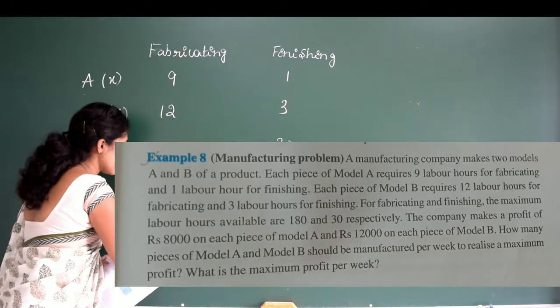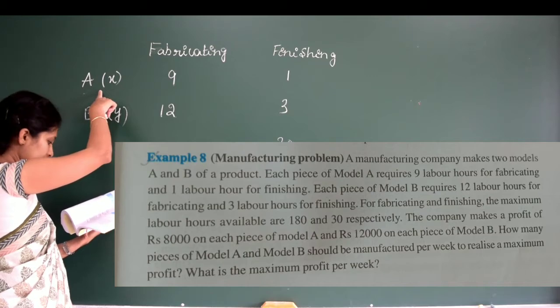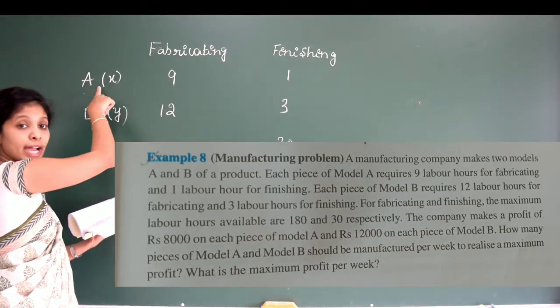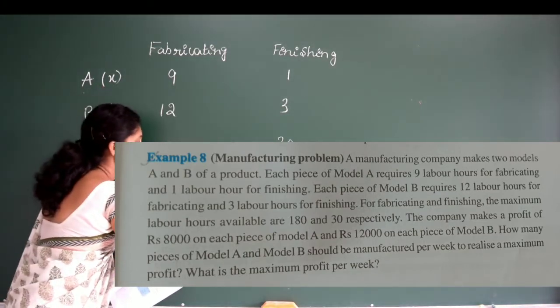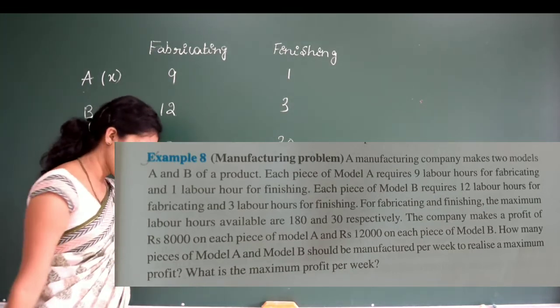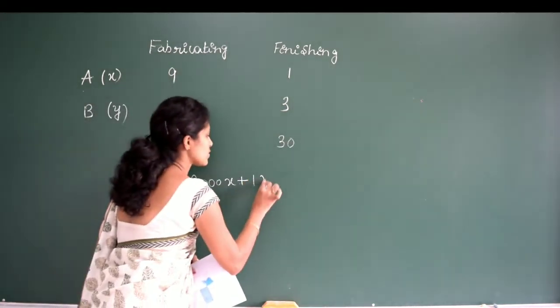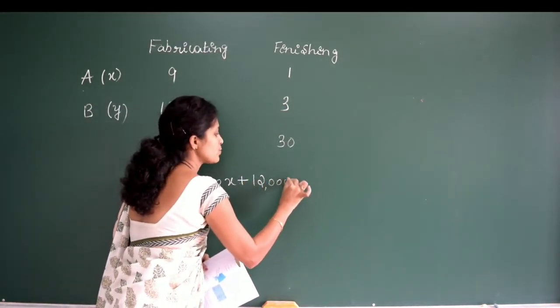So what is Z? From model A it makes a profit of 8,000 rupees, so this will be 8,000x, plus from model B it makes 12,000 profit, so 12,000y. So this is called the objective function.